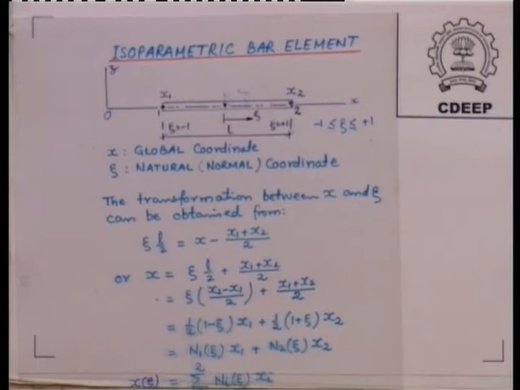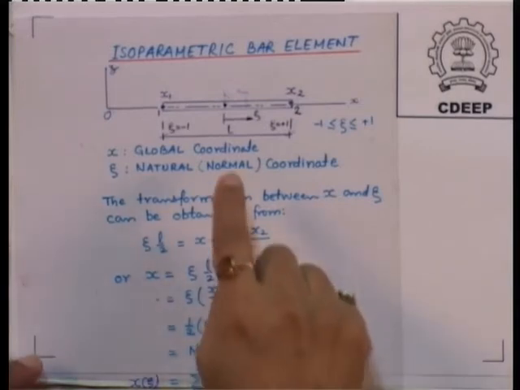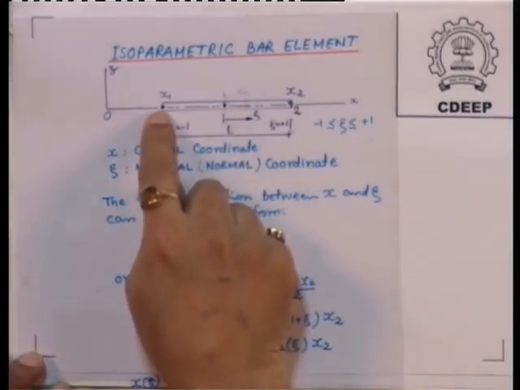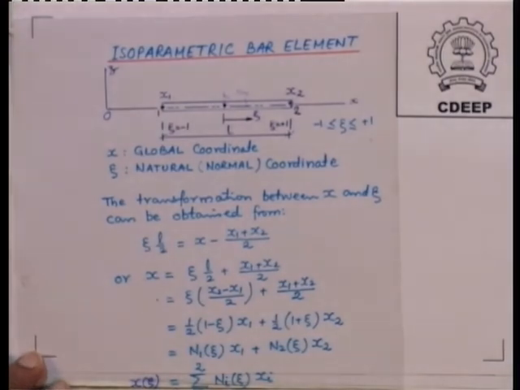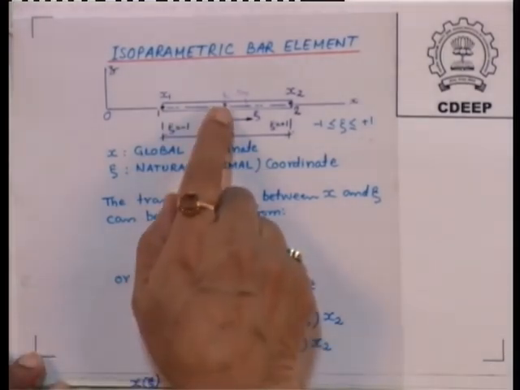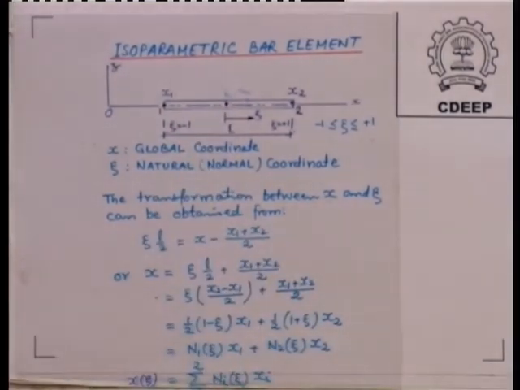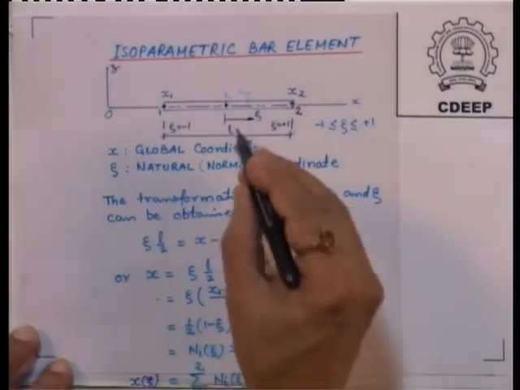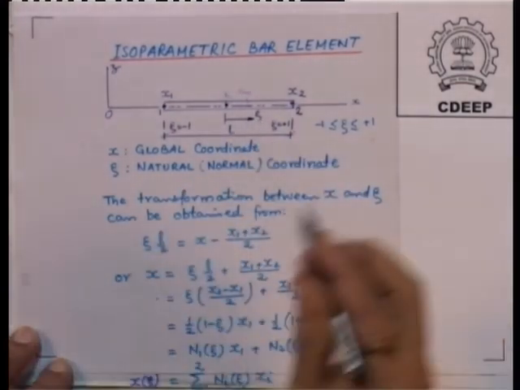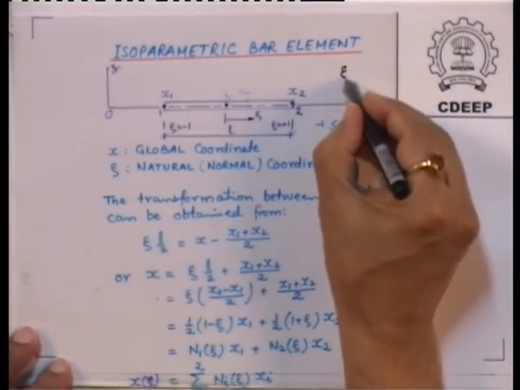Okay, so x1 and x2 are the coordinates of the two nodes. Now I want to devise a non-dimensional coordinate, with the idea in mind that my coordinate goes from -1 to +1. So I put the center of the element as the origin of a new coordinate system.